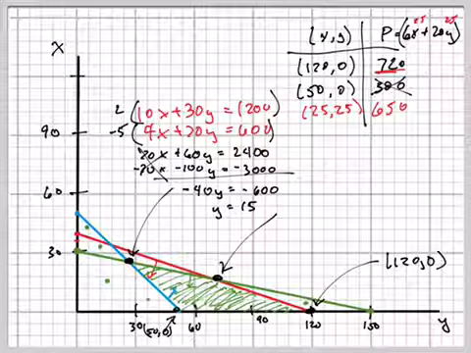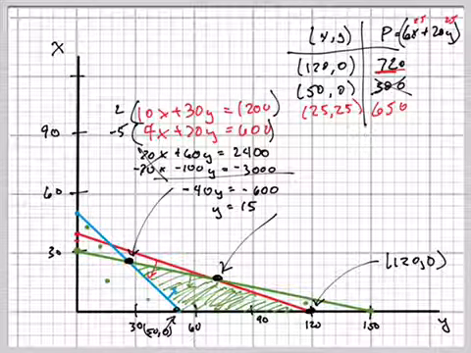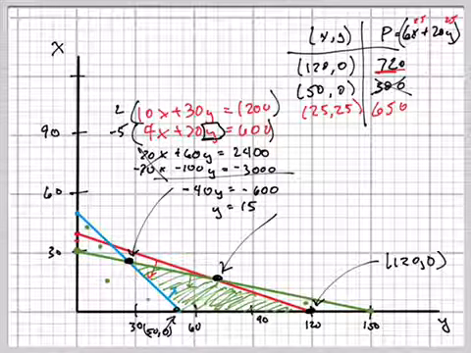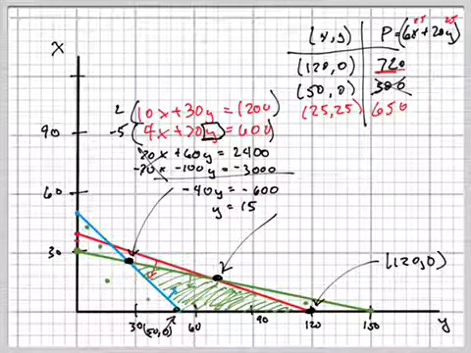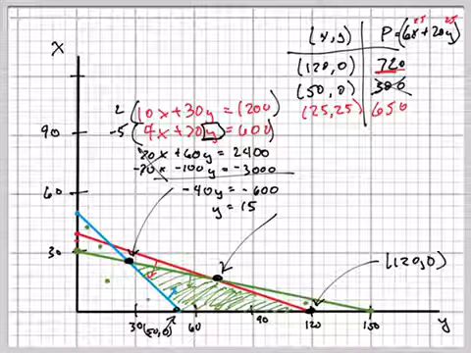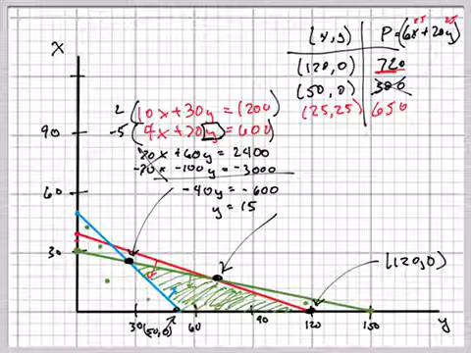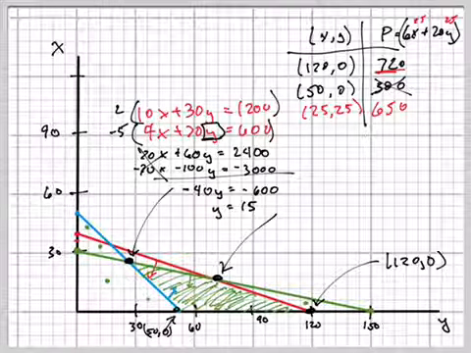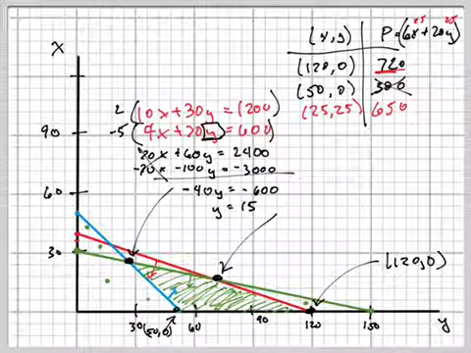y equals 15, and if y equals 15, plug this back in there and solve for x. 20 times 15 is 300, right? 300 divided by 4 is 75?